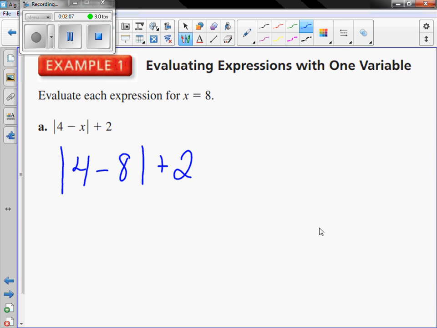So we have to simplify what's inside the absolute value first by hand. So what is 4 minus 8? Try it in a calculator if you're having trouble doing it in your head. 4 minus 8. Negative 4. It is negative 4.